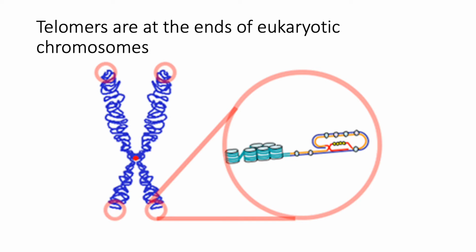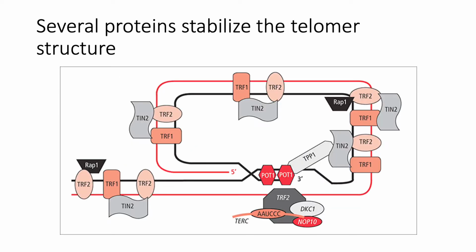And this figure shows kind of how that is done. It loops back on itself and forms this structure shown in the circle here, which protects the end from nuclease digestion. And there are a number of proteins shown here that are used to stabilize this structure so that it doesn't get chewed up.